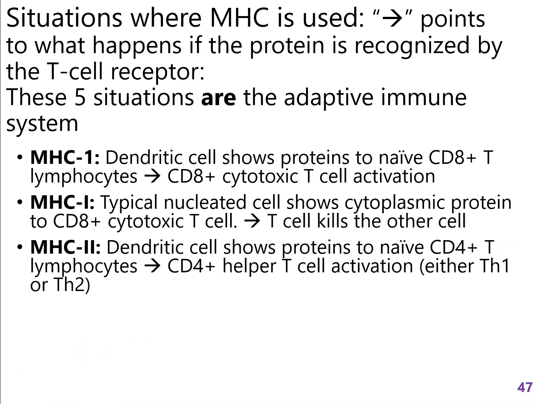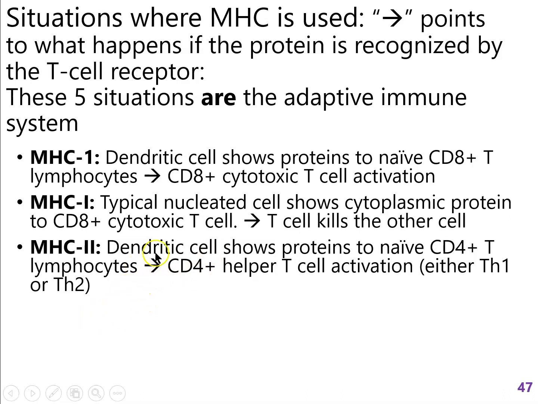The next one is activation of helper T cells, and that happens when a dendritic cell is going to show some protein it found to a naive CD4 positive T lymphocyte. This is going to happen in a lymph node, most likely. And that CD4 positive T cell has been waiting its entire life, doing nothing.